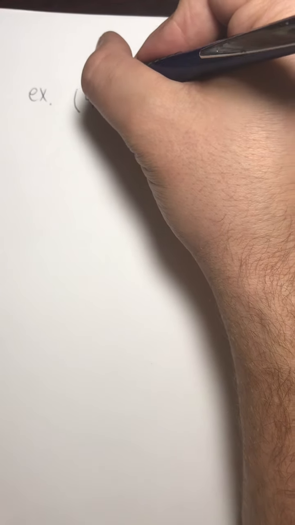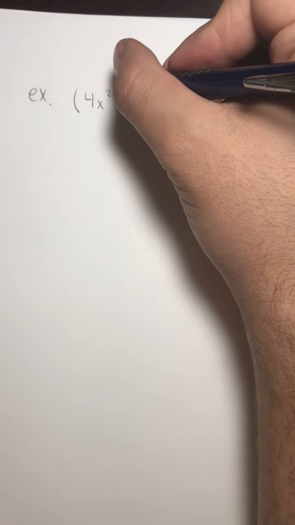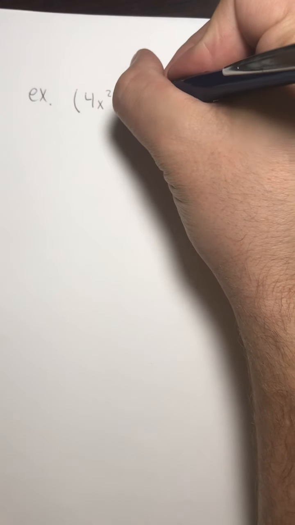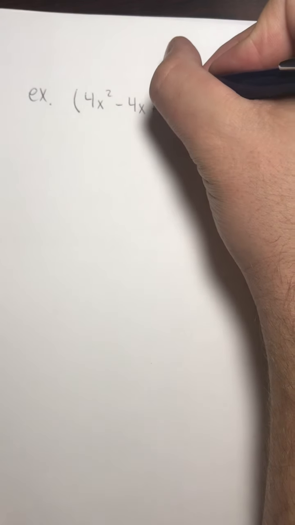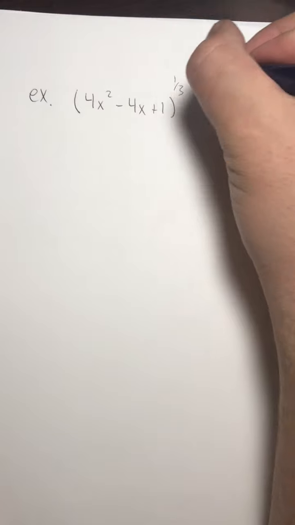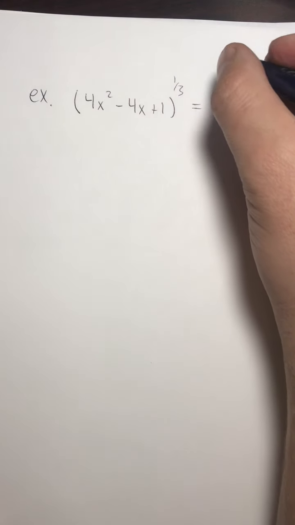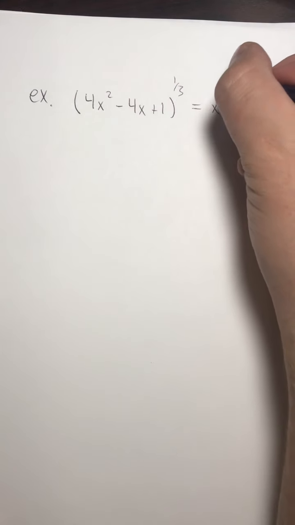We're just going to raise both sides of the equation to the necessary power to clear that fractional exponent. In this example, we have a 1/3 exponent on both sides.